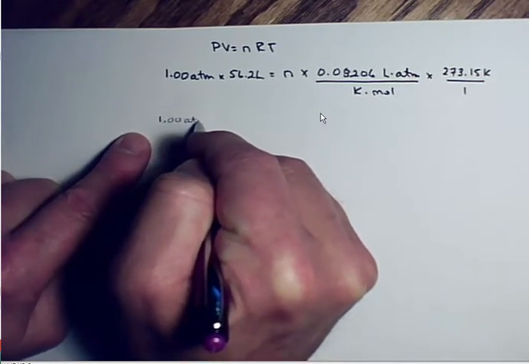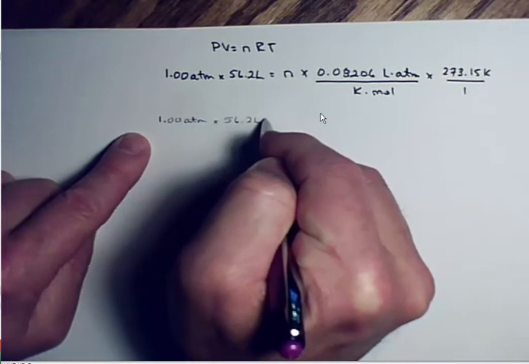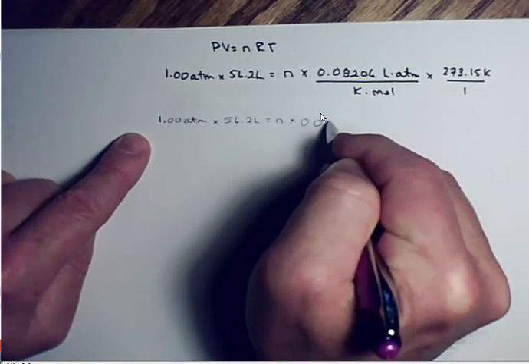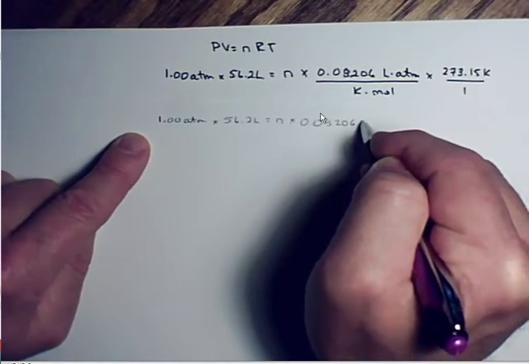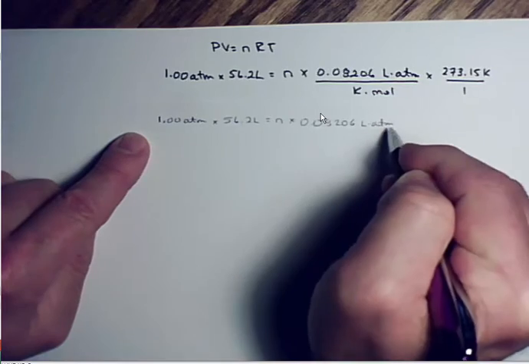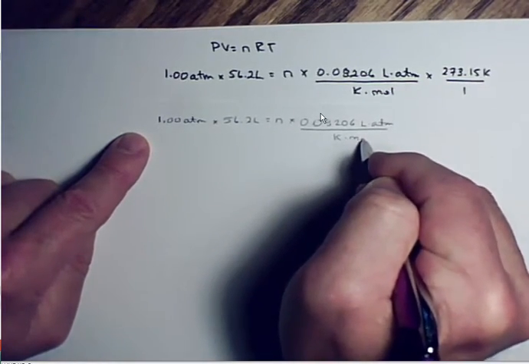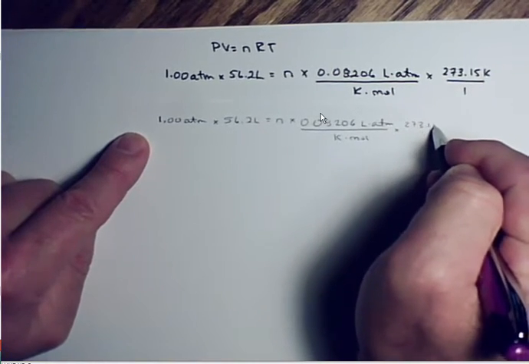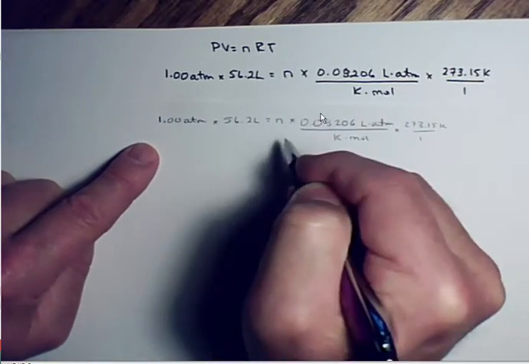1.00 atmospheres times 56.2 liters times moles times 0.08206 liters times atmospheres over Kelvin times moles, and then times 273.15 K over, well, I will put over one layer.